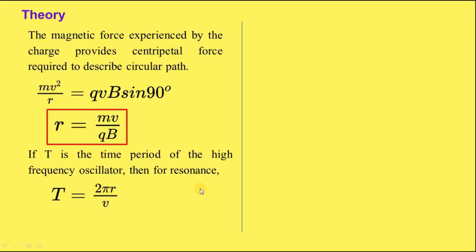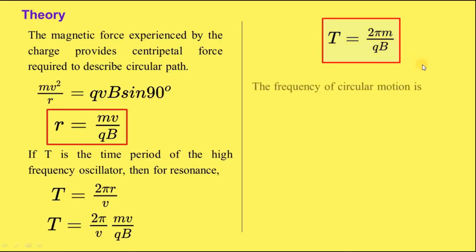The time period is the time taken by the particle to execute one circular motion, and that will be equal to the circumference of the circular orbit divided by the velocity of the particle. So here we substitute for r from the first equation, and then we get T is equal to 2 pi m by qB. The frequency of circular motion is given by nu equal to 1 by T, nu equal to qB by 2 pi m.